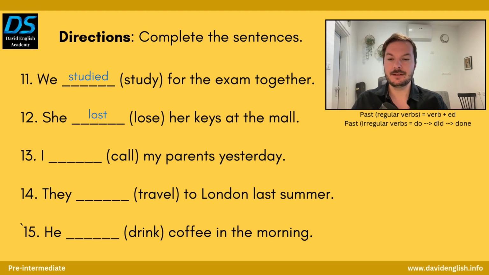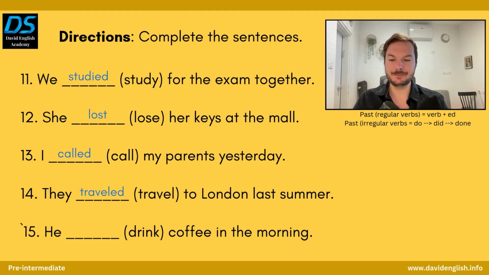Number 13, I called my parents yesterday. What do you think? I called my parents yesterday. Very good. Number 14, they traveled to London last summer. What do you think? They traveled to London last summer.